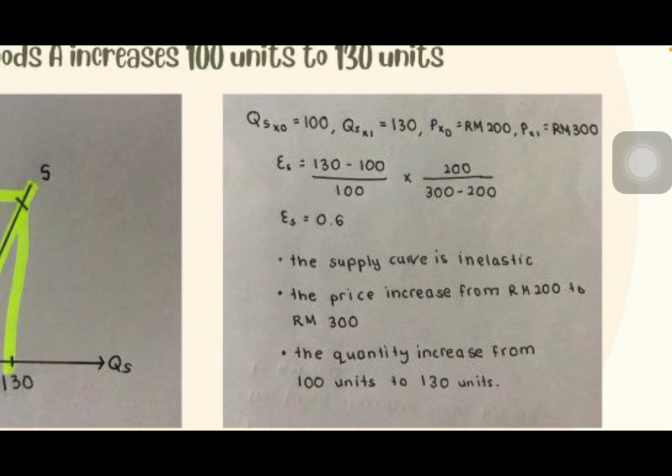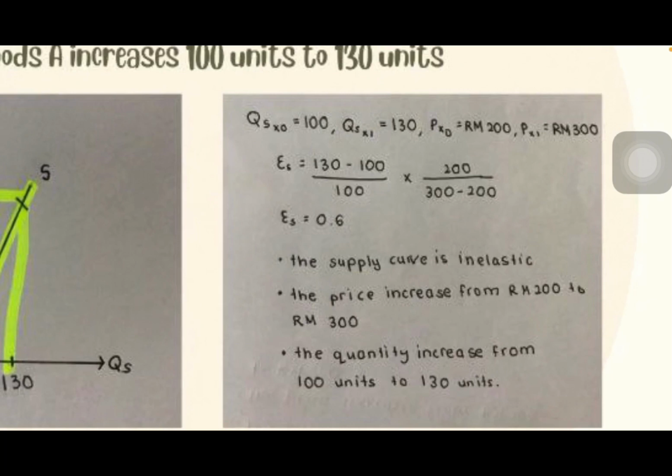So 130 minus 100, divided by 100, times 200 divided by 300 minus 200, we will get 0.6. The supply curve is inelastic because 0 is less than elasticity, which is less than 1.